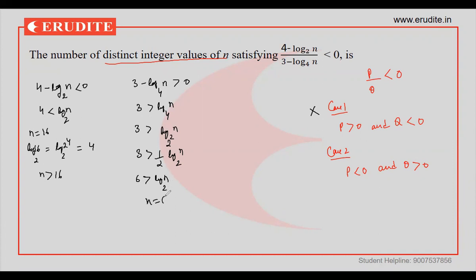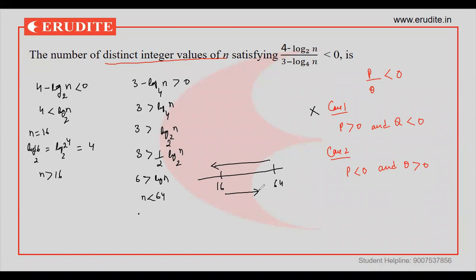If I am putting n is equal to 64, then the right hand side will be 6. But I am looking for the value which is less than 6. That means n value should be less than 64. So guys, if I combine these two on the number line, my value should be greater than 16 and less than 64.